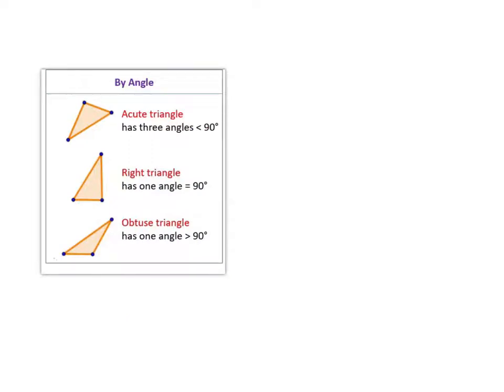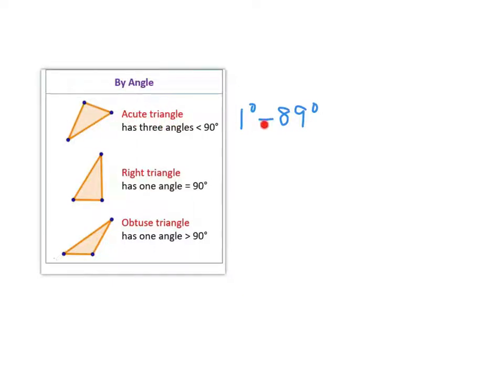Now tri means 3. So when you think triangle, it really just means a shape that has 3 angles. And you'll see all these shapes have 3 angles. But if it has 3 acute angles, and remember acute angles are any angles that are 1 degree all the way to 89 degrees, so if they're small angles, it's called an acute triangle.